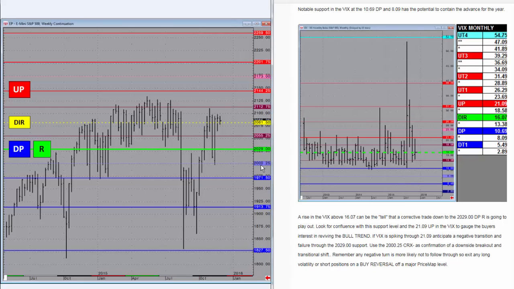And if the market does get excited, we want to identify this even in a quarter level. That's the CRX minus number, and that's our confirmation to the downside breakout.